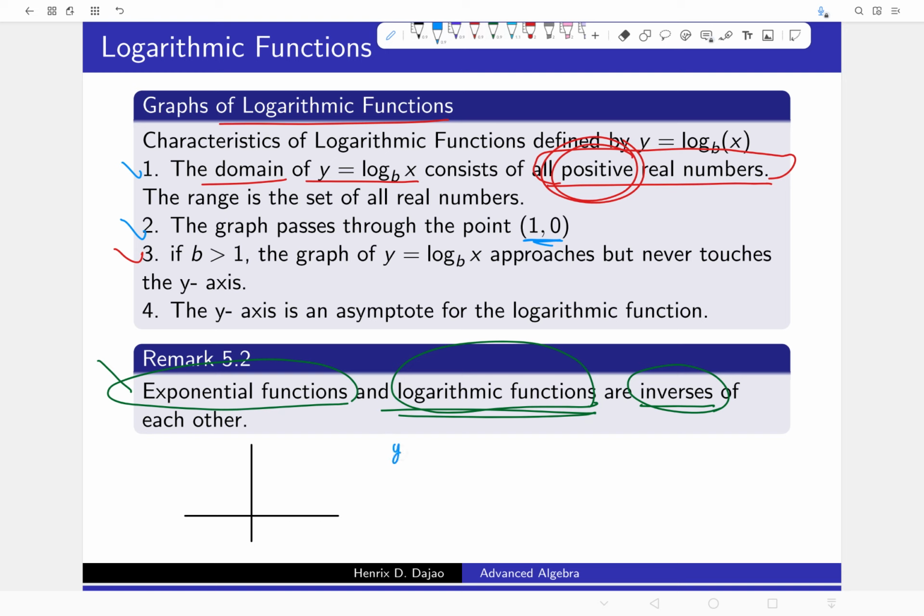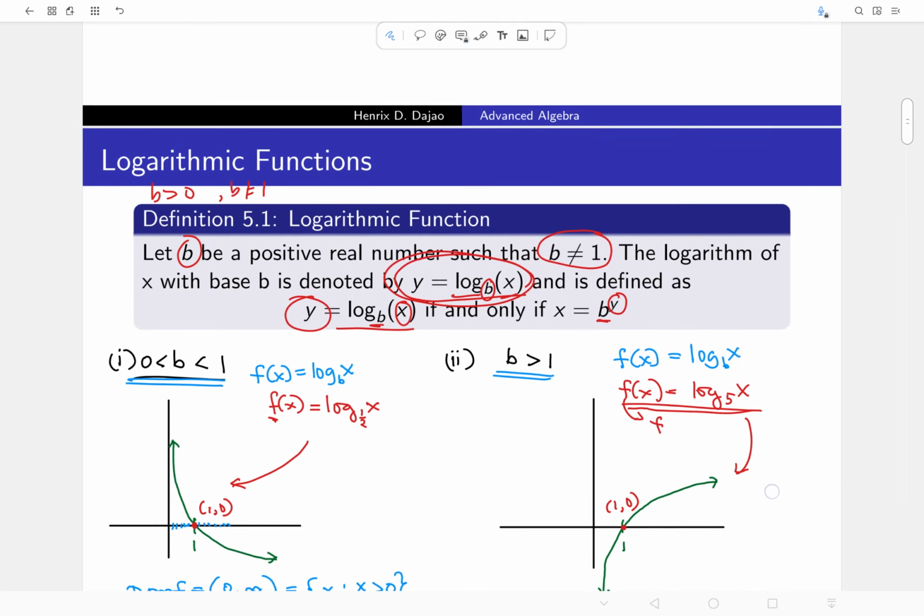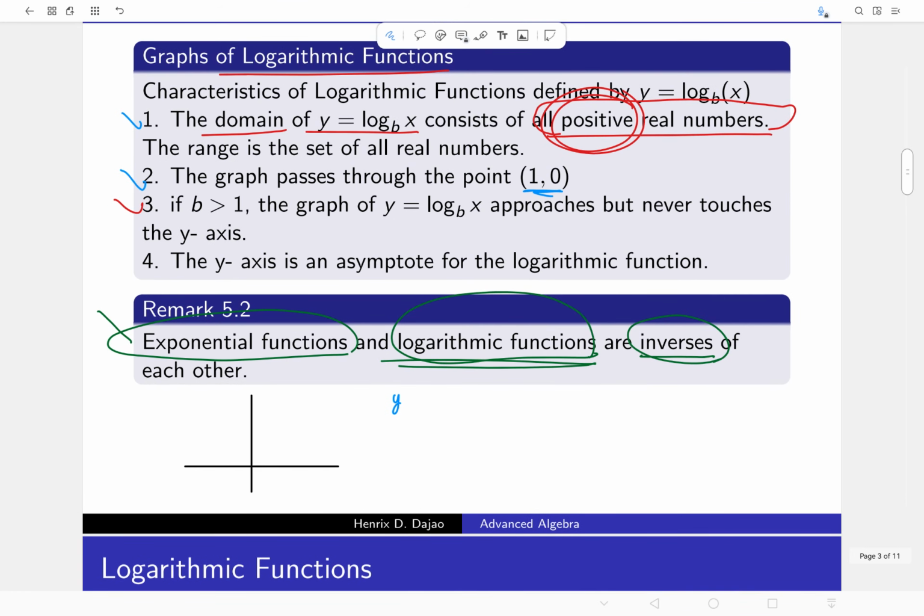We have y equals b to the x, with base b, and let's consider the first case, where our b here is greater than 1.